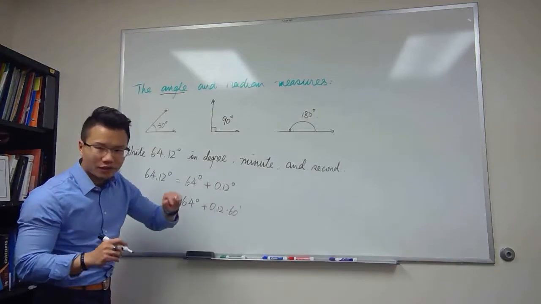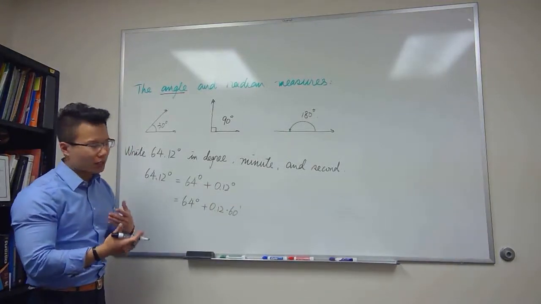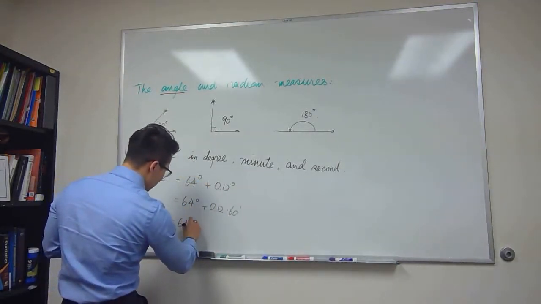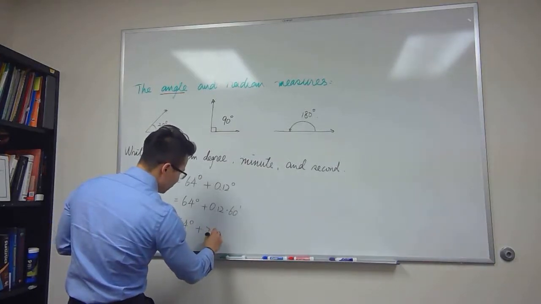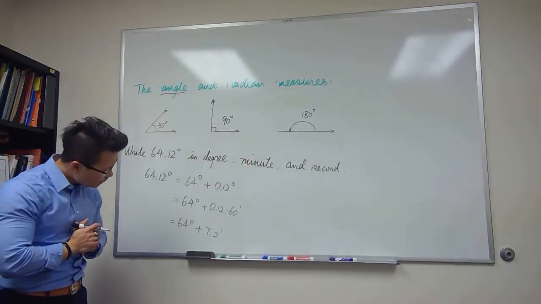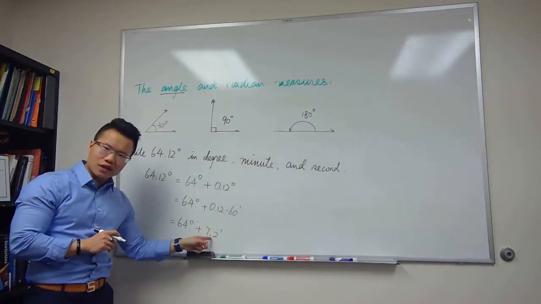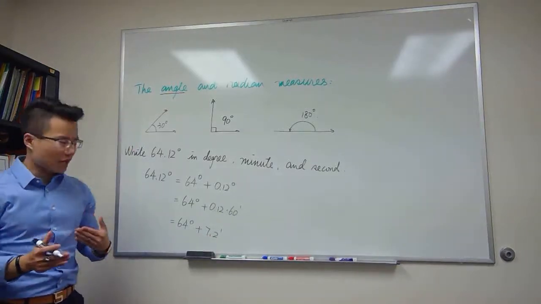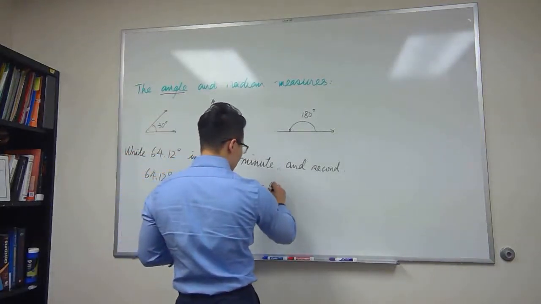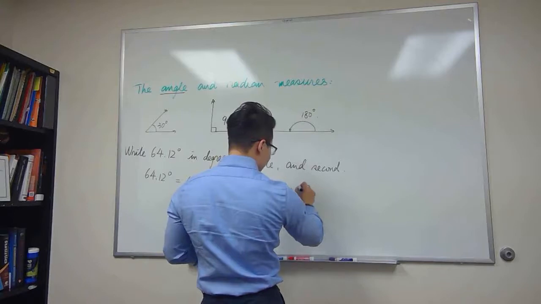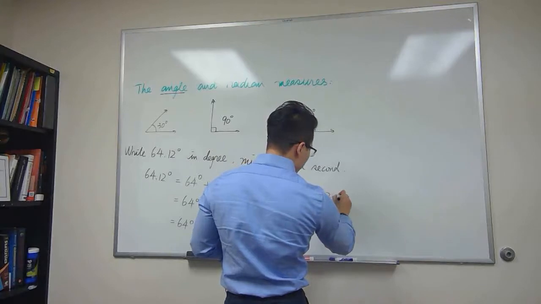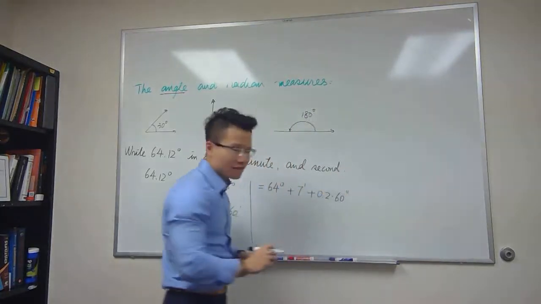Multiplying this together, you will get 64 degrees plus 7.2 minutes. Obviously, after we do this, we still end up with a decimal. And how do we eliminate that? We use the same kind of strategy. So we have 64 degrees plus 7 minutes, and then plus 0.2 multiplied by 60 seconds.